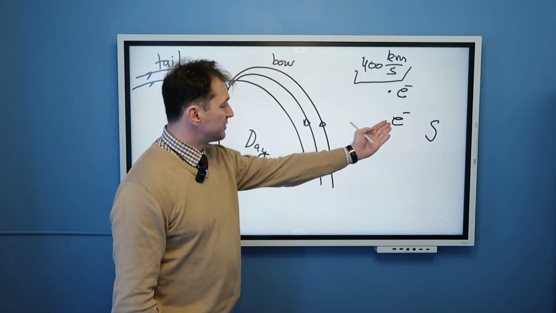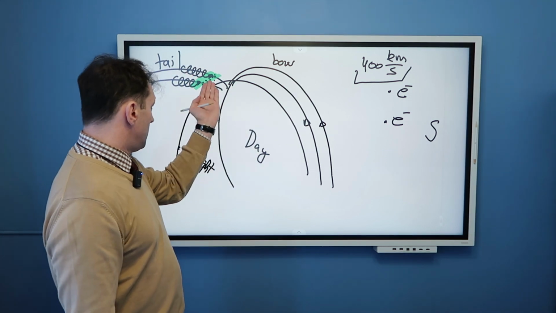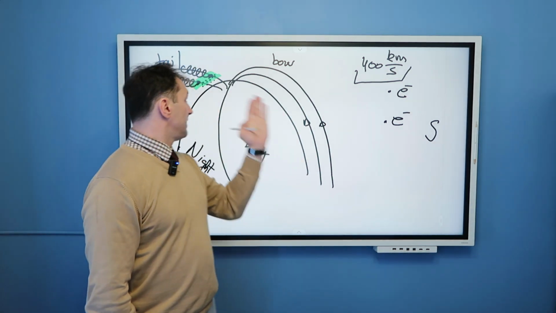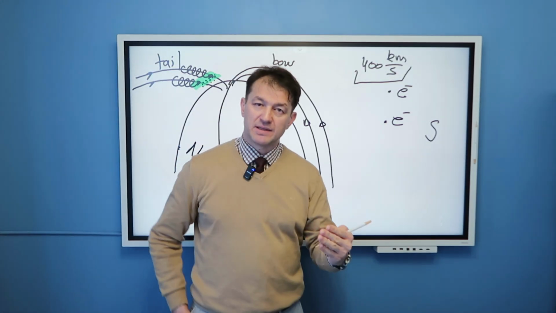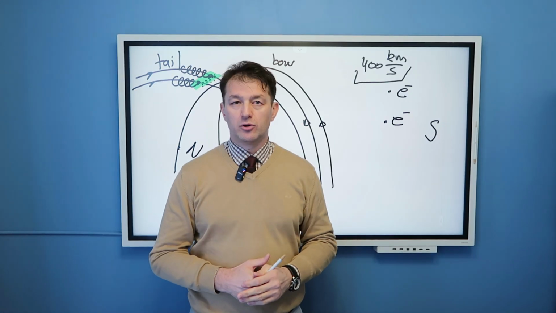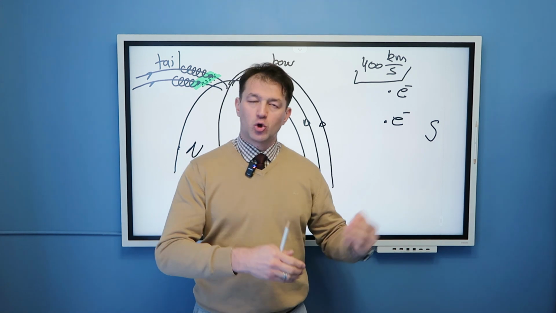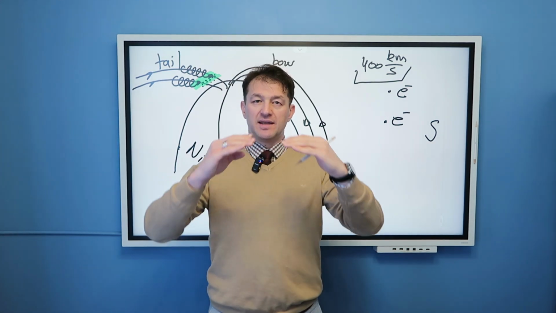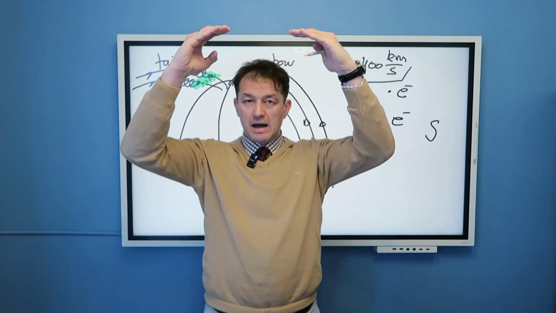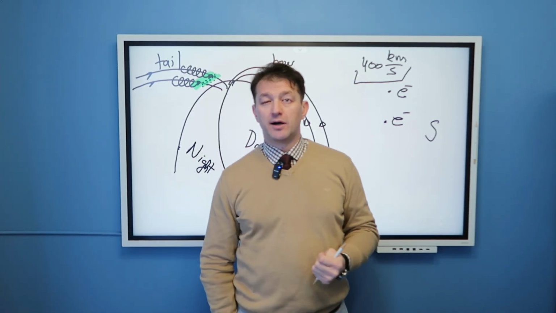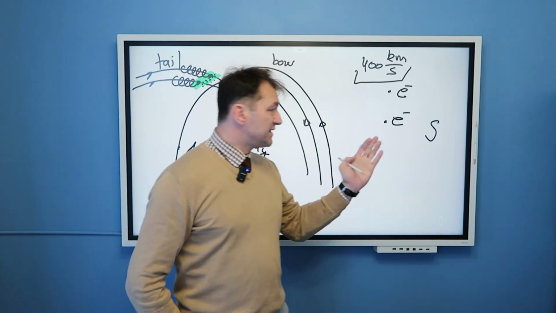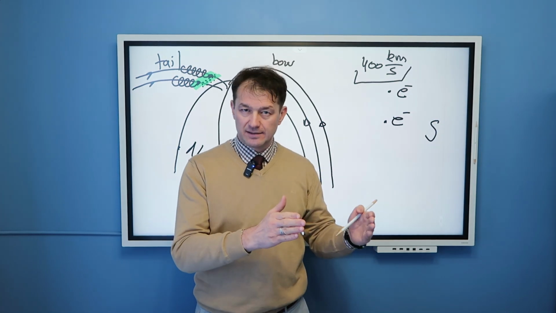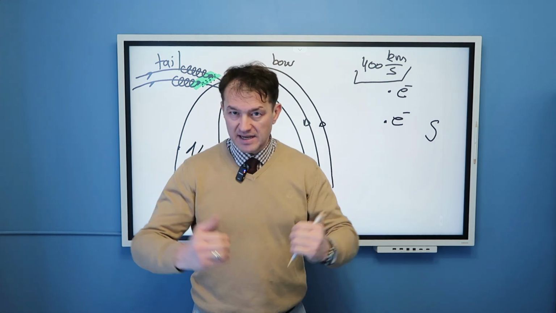Now, what happens when this electron impacts a molecule or an atom in the atmosphere? Well, what happens is that these molecules and atoms get excited. And I talked in one of my previous videos about what that physically means. That means that electrons are bumped up to a higher electron shell or orbit. These excited molecules and atoms will then de-excite and emit radiation.